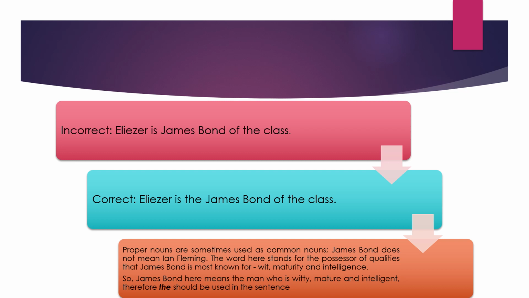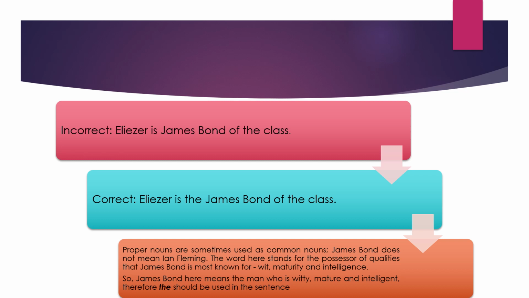Therefore, whenever you're using a proper noun as a common noun, you will always be writing the article "the" before that particular proper noun which is being used as a common noun. So here James Bond does not literally mean Ian Fleming. James Bond is only referring to the person's qualities here.